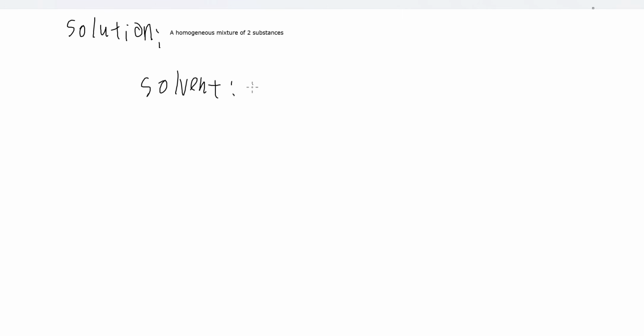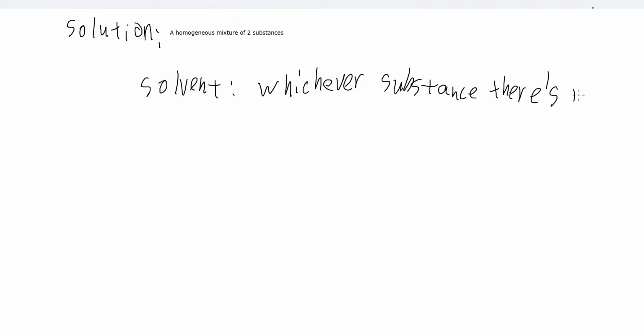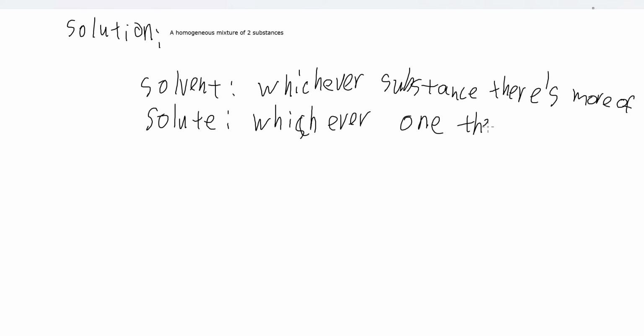It's literally just whichever substance there's more of. And the solute is whichever one there's less of. And so these make up a solution.